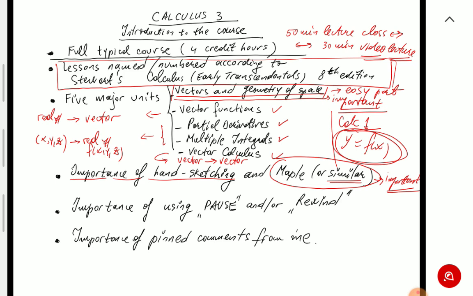In the absence of Maple, of course, you can use free resources on the internet like Wolfram Alpha, for instance. Wolfram Alpha is nowhere near as good as a computer algebra system installed on your own computer, but for basic stuff it's probably good enough.